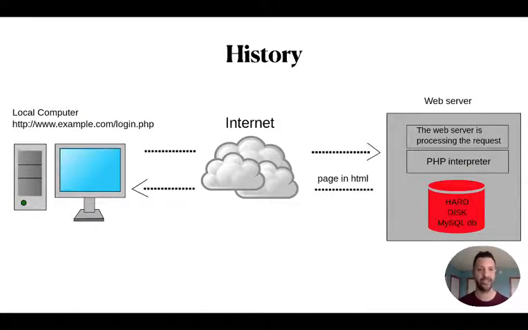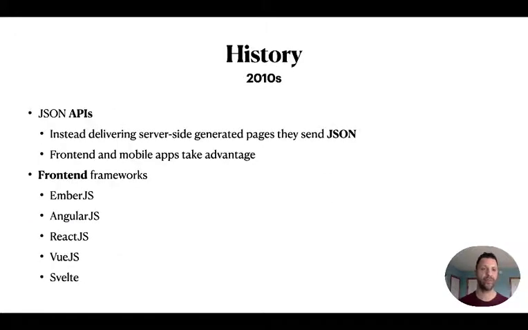They send back HTML. Well, in a front-end framework using JSON, they send a JSON data structure back to the client. And it's up to the front-end framework to consume that data, put it into HTML, and make it look good and interactive.